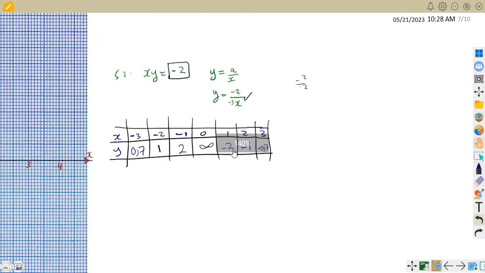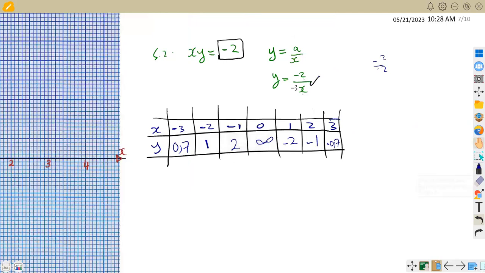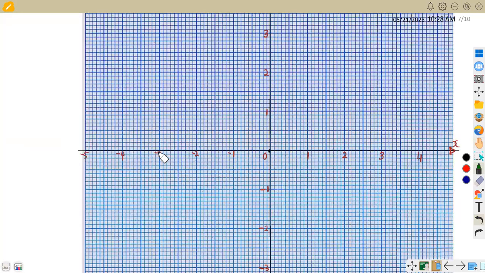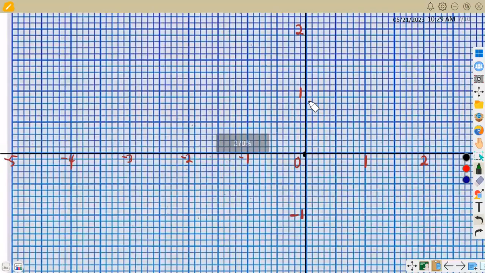So you simply have to mark some with the approximation that you're given. Here, you're saying this is a point that you're going to mark at x = -3 and y being 0.7, a positive. Since I used 2 boxes to represent 1, I've got 1, 2, 3, 4, 5, 6, 7, 8, 9, 10 boxes representing 1.